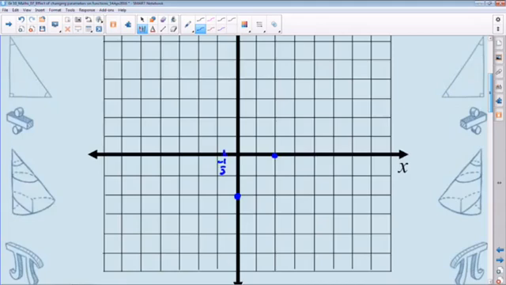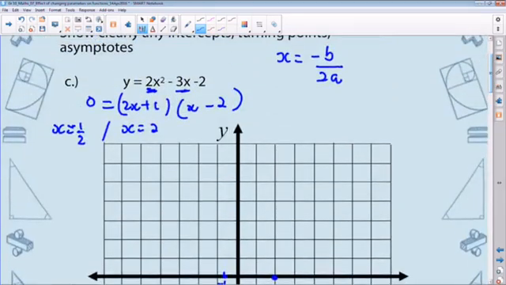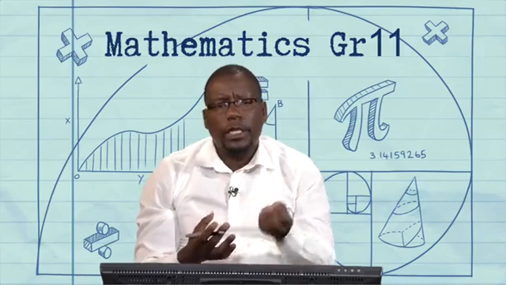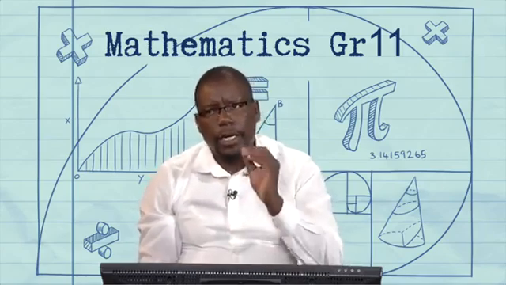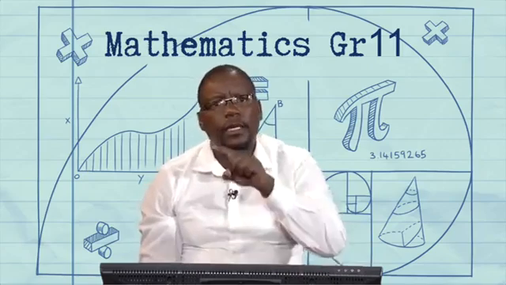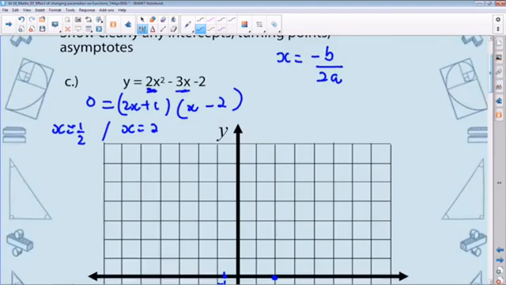Now, we continue. Now your turning point. Remember in grade 10, your turning point was at the origin, right? When x is 0, it was turning at the y-intercept. But now we've got x is minus b over 2a. And remember, this is a quadratic function, y equals ax squared plus bx plus c.